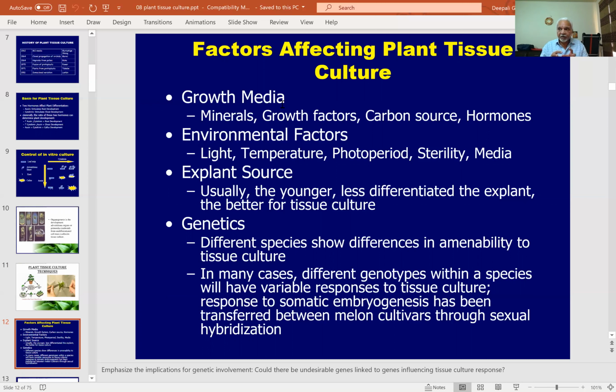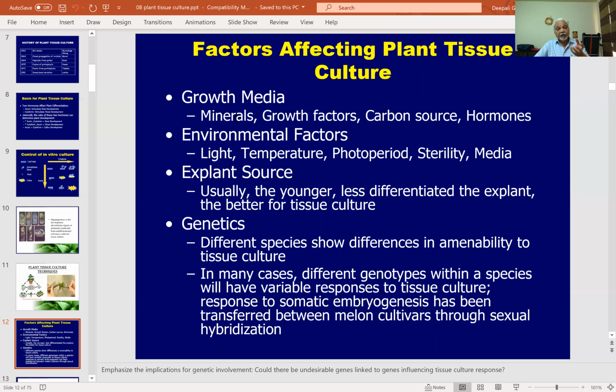So it has minerals, growth factors, carbon source, hormones. Minerals means the macronutrients, micronutrients, and growth factors means the hormones, auxin, cytokinin, gibberellins, but the major were auxins, cytokinins, and gibberellic acid.